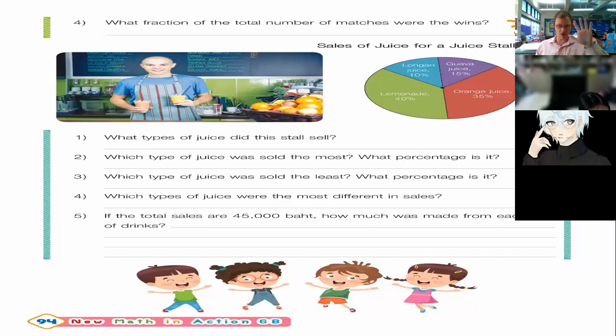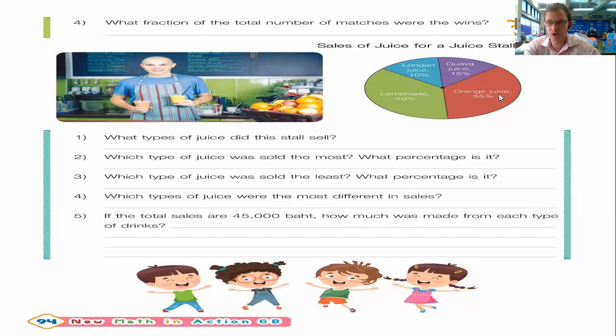Okay, so the last 5 questions before we move on to a practical example, and then we will finish off this lesson. I don't want to do too much today because we are not going to see each other for a while. So the next pie chart is about sales of juice for a juice stall in April.